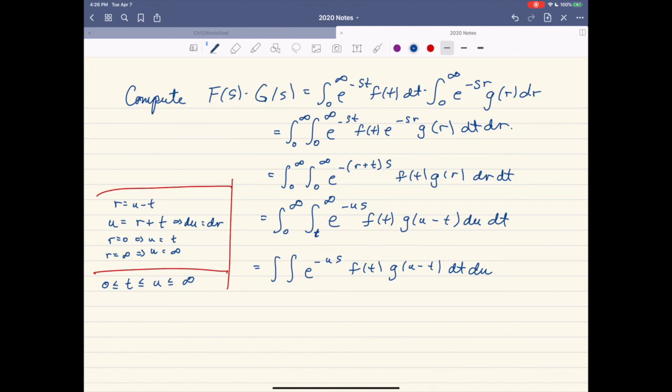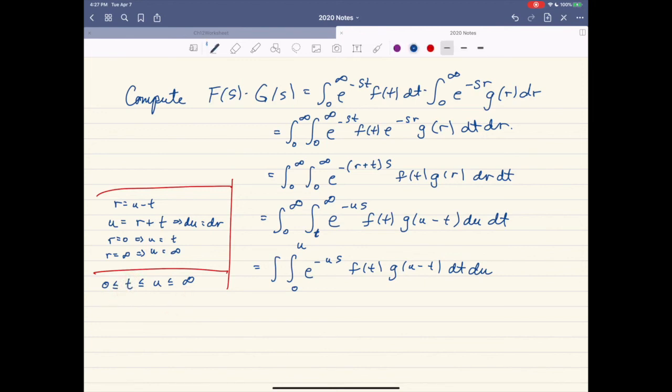And t goes from 0 to u. And then u goes from, well, t is gone. So u goes from 0 to infinity.